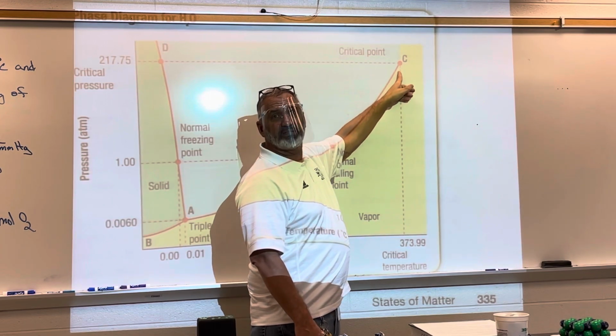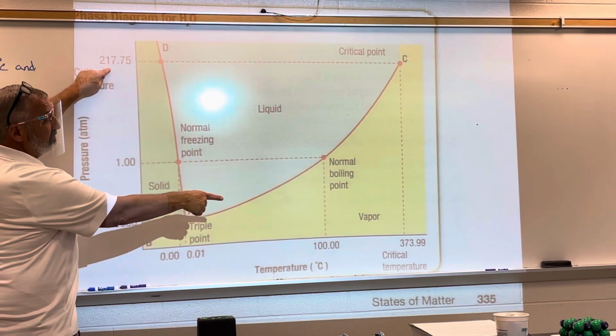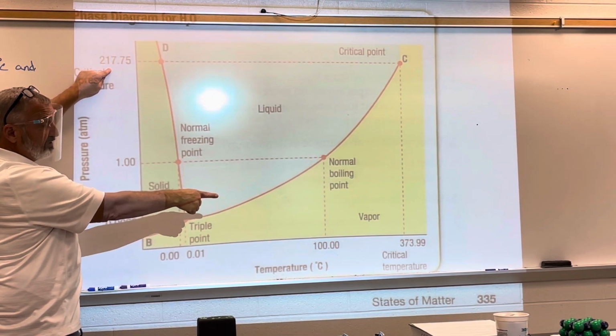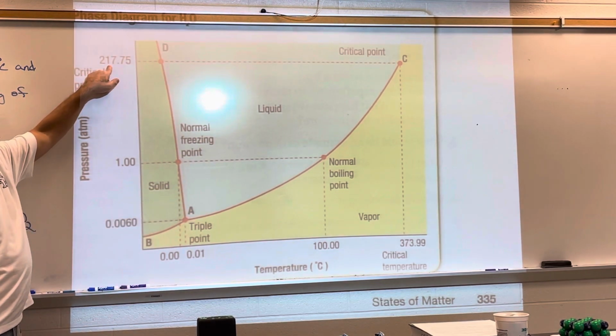there's a max. Now, in order to make water not turn into steam, not boil, at 373.99, you have to have at least 217.75 atmospheres of pressure. That's a lot of pressure.